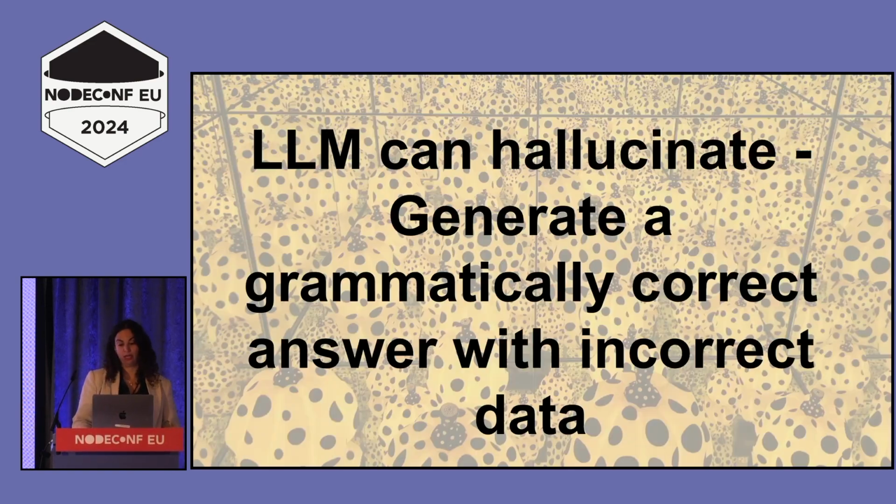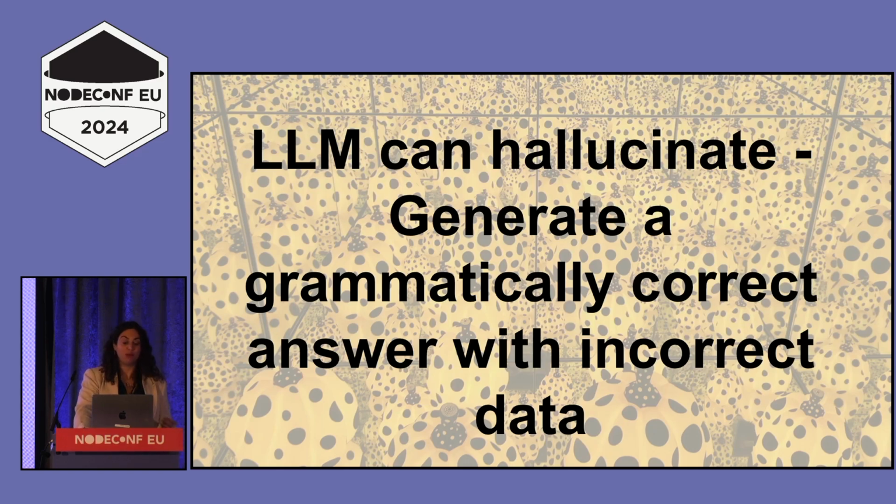Well, now I want to talk about hallucinations. LLMs can generate a response which is grammatically correct, but the data is totally incorrect, meaning that they can lie with style. You're convinced that this is correct, but it is not.